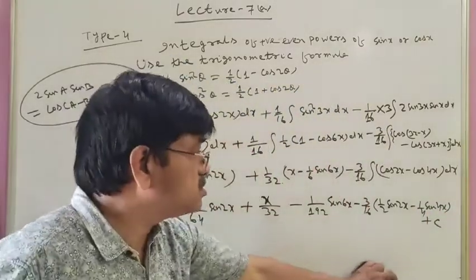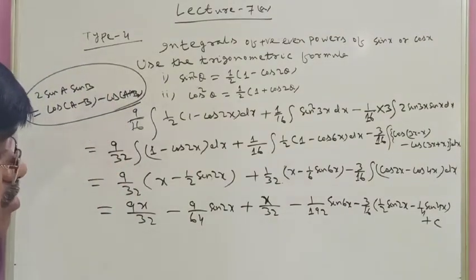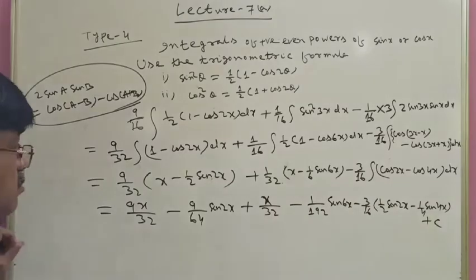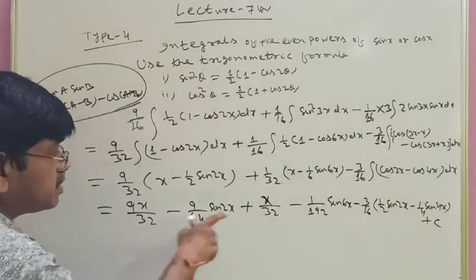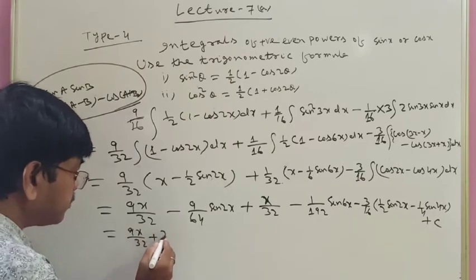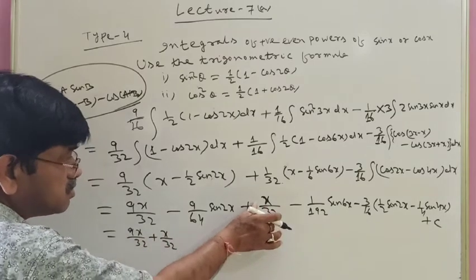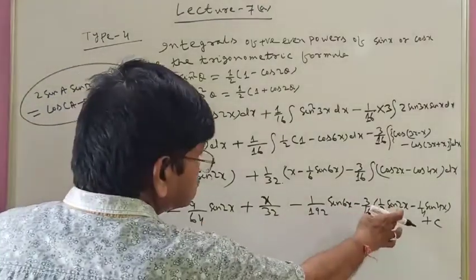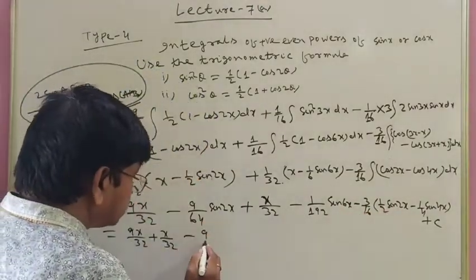So now you simplify this. You have to gather the like terms and find the answer in shortest form. You see here is 9x by 32, here is x by 32, so these two are like terms, so they can be added. And here is sin 2x, here is also sin 2x, so those two can be added.